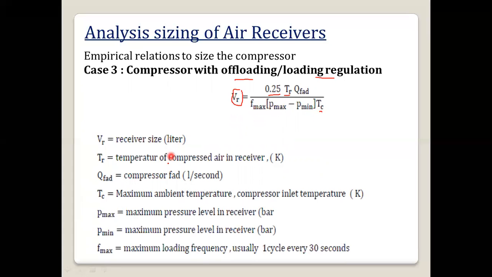This is in case of loading regulation, in the working condition. TC is the maximum ambient temperature, and TR is the temperature of the compressed air in the receiver.